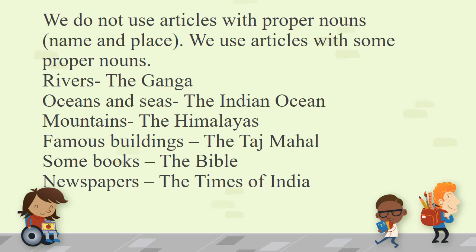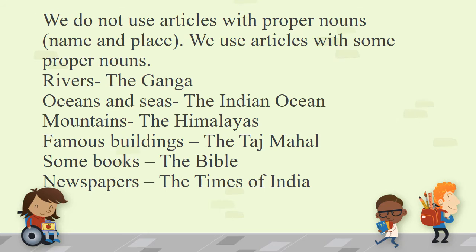We do not use articles with proper nouns, that is name and place. We use articles with some proper nouns. Now children, we do not use article before the name of a person. We do not say the Ram, the Radha, or before the name of a place.